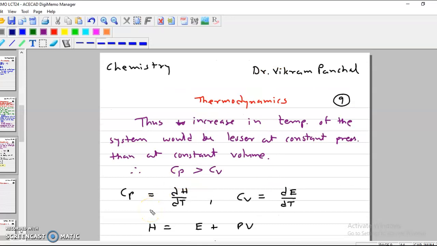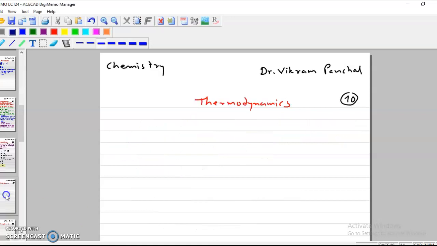Now we will see the relation of heat capacity when expansion of gas takes place in vacuum. So this is a new topic, expansion of gas in vacuum.